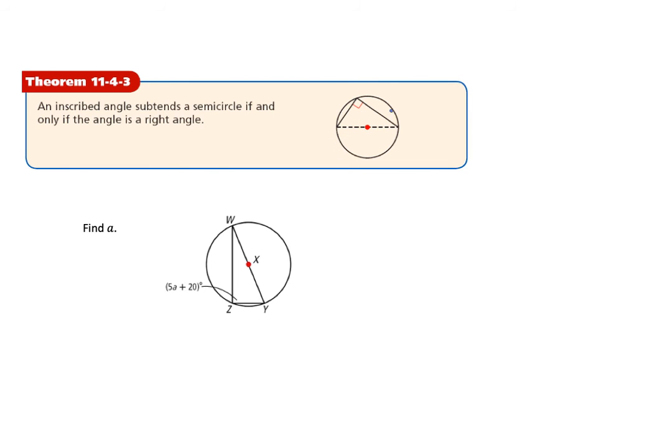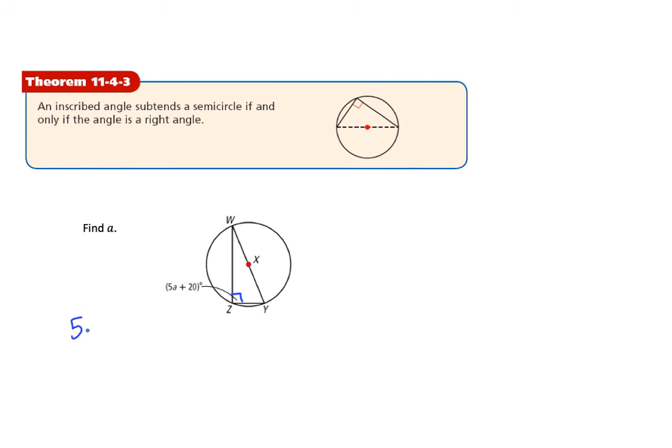And if you have an inscribed angle and it's 90 degrees, you know then that the ends land on the diameter or a semicircle. So to find A, we know this is a diameter, and so we know that this inscribed angle must be 90 degrees right there.